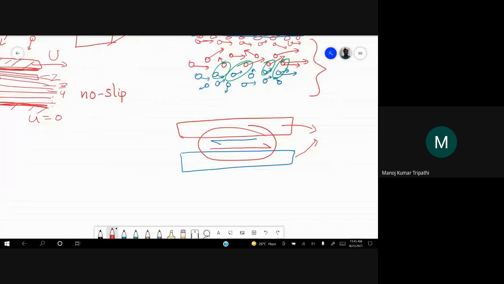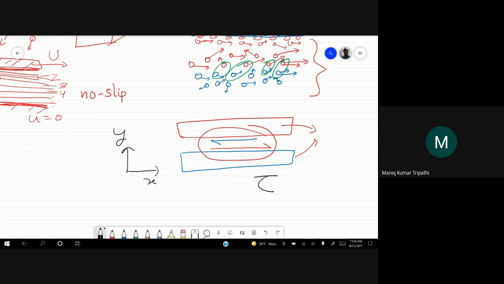So you can see that this stress is, if you write in terms of the tensor, what are the subscripts here for this force? If this is x direction and this is y direction, what should be the subscript?